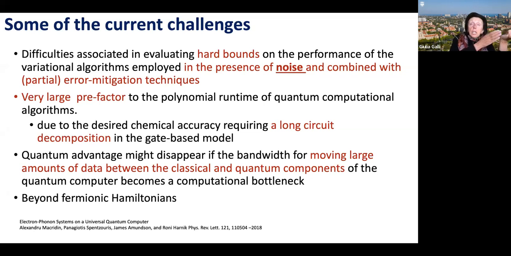In addition, we still need to move data from classical computers to quantum computers, and these data better be not too big, because otherwise the quantum advantage that one day we will have may disappear, because there are bottlenecks of data transfer. And I only told you about fermionic Hamiltonians, and of course the material science problem is way beyond the fermionic Hamiltonian.